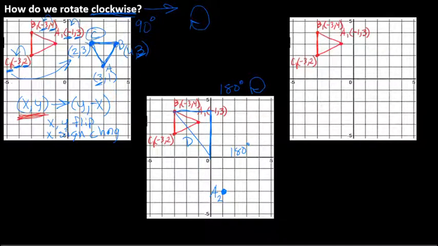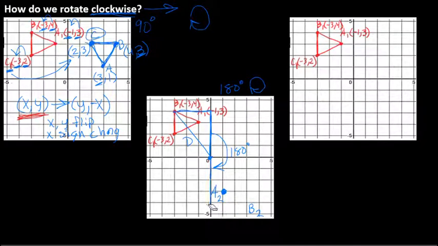Again, I'm maintaining my same distance, and I'm going to rotate 180 about the origin. So I'm going to go down 4, because that's how long that leg of the triangle was, and I'm going to go across 3, and that puts me right here. And there's my B2.